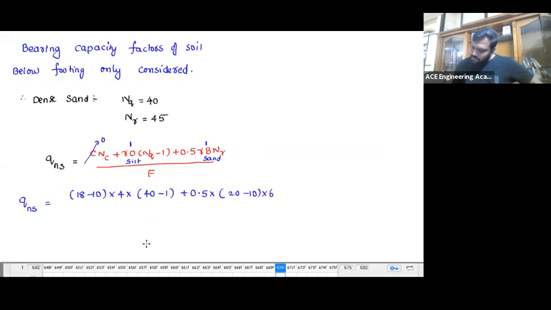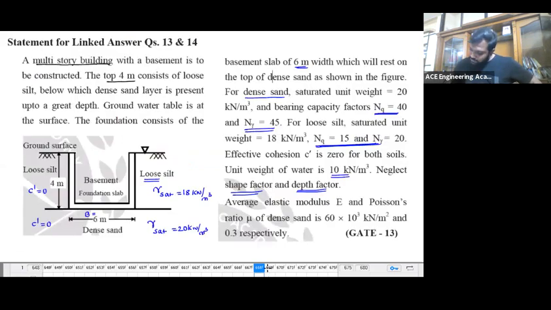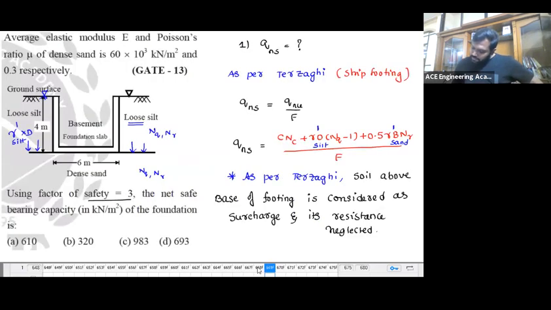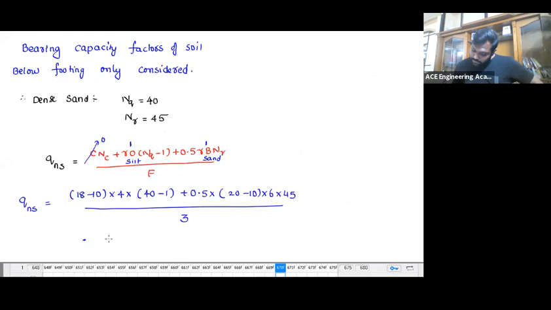The base is 6 meters, into N gamma 45, divided by the factor of safety, which is 3.